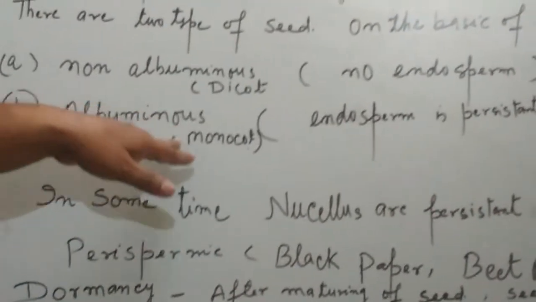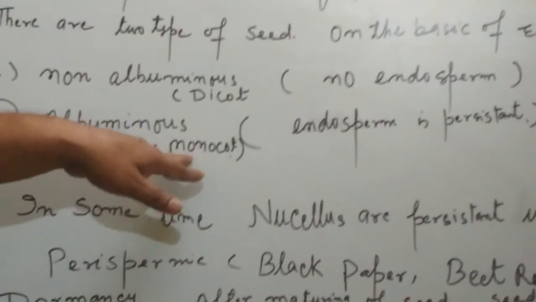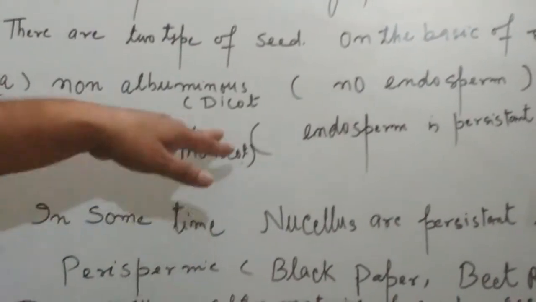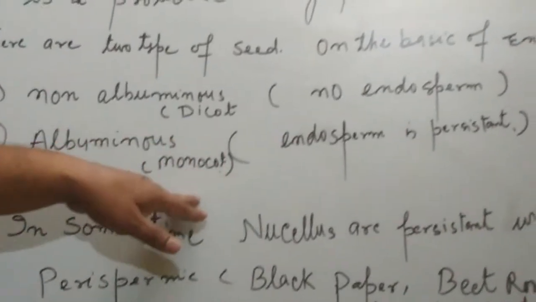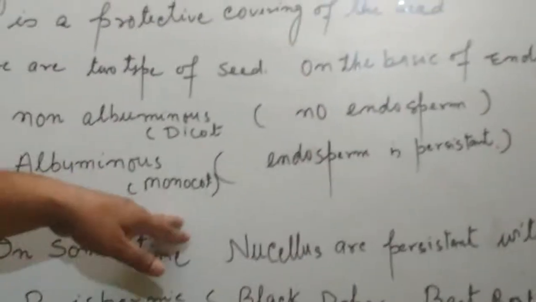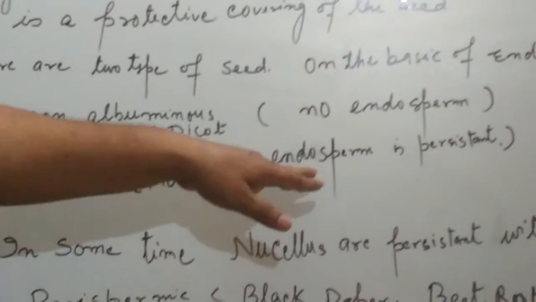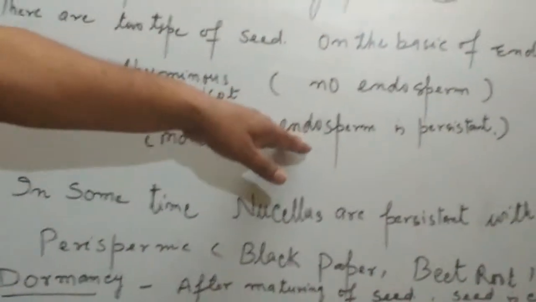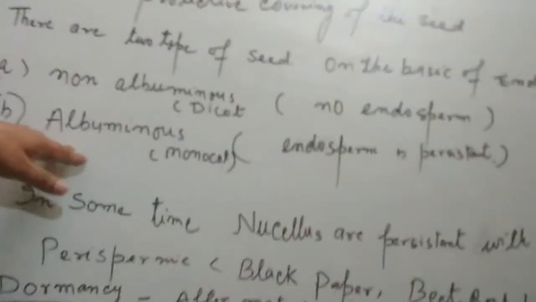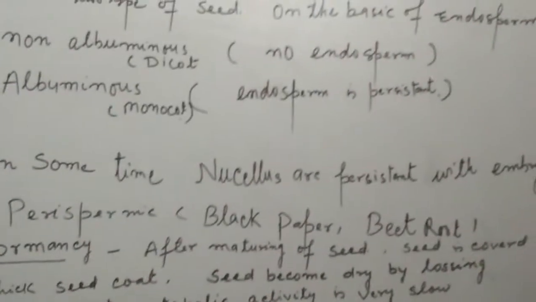It is a good example of the monocot. In case of maize, as I discussed in the previous lecture, the embryo takes food from the endosperm, and the endosperm is present inside the seed. So when the endosperm is present inside the seed, that is called the albuminous type of seed.